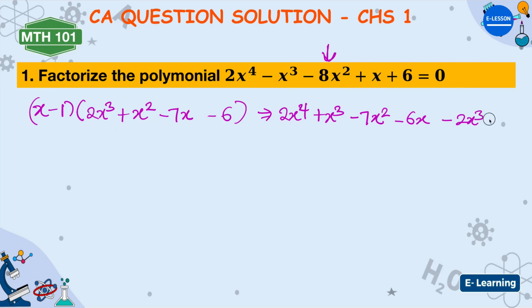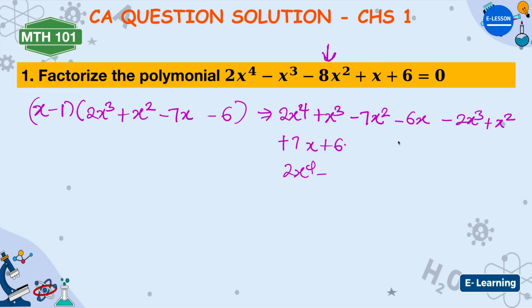This multiplied by this, that will give us plus x squared, minus this multiplied by this will give us plus 7x plus 6.